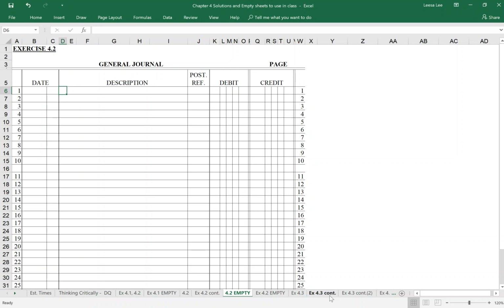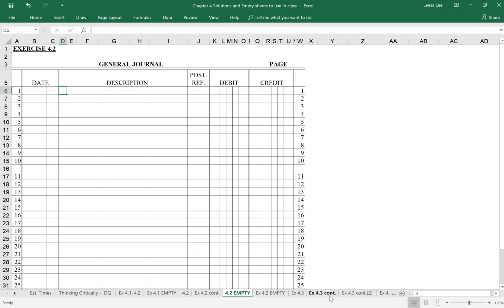Now, what we're doing in the General Journal is a brand new topic for us, and I want to point out that the General Journal is like a diary. It's like the diary of your business, what happened during each day. Back in the day, before computers and even before cash registers, the bookkeeper had to record what transactions took place during the day.